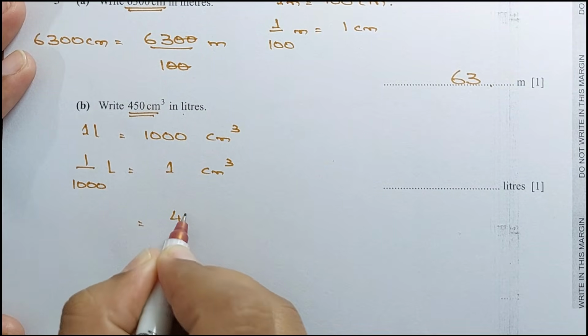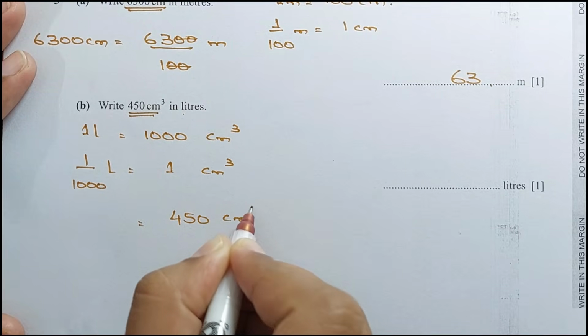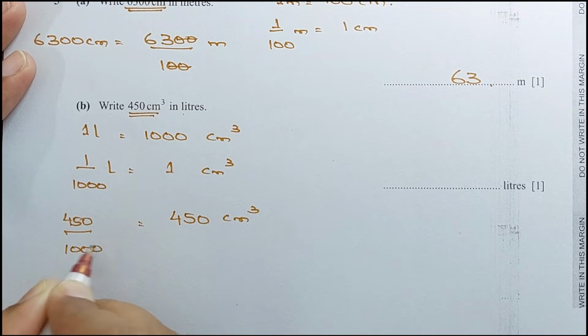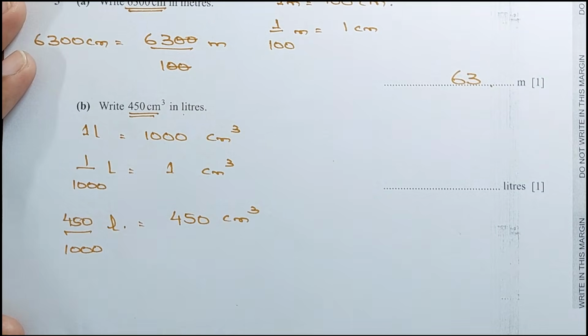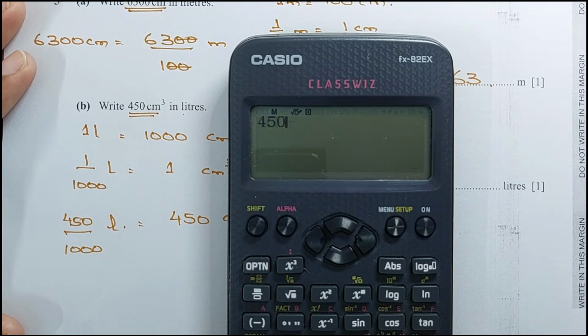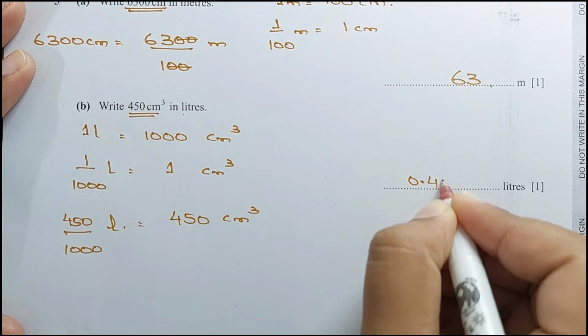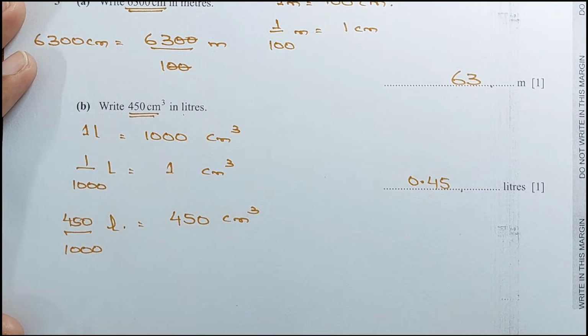What about 450 cubic centimeters? This is 450 over 1000 in terms of liters. So let me simplify. 450 over 1000, that is 0.45. So this is 0.45 liters.